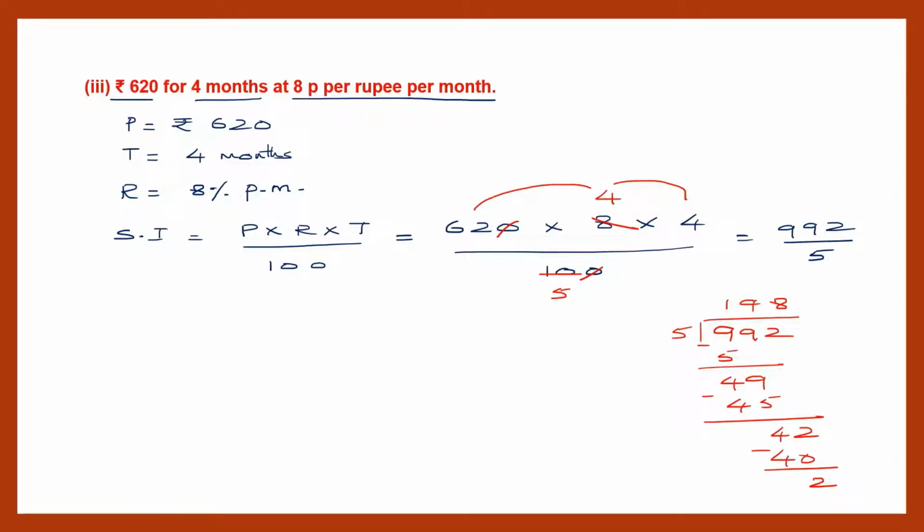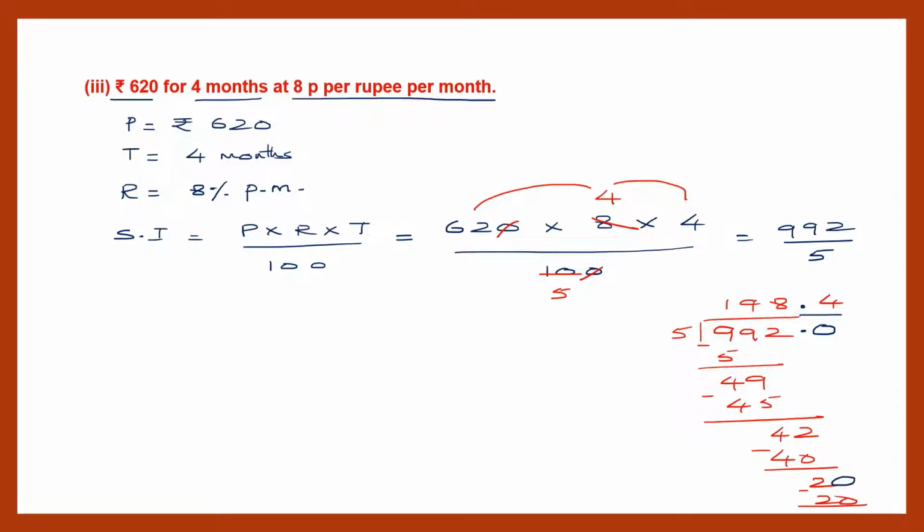Now let's continue the division because we're going to get our answer in rupees and paise, isn't it? So whenever you get your answer in rupees, after the point there should be 2 digits. So let's see if we can get 2 more digits here. So put a point, carry that point on top, bring that 0 down. So we have 20 now. So here 5 into what is 20? 5 fours are 20. So we have finished our division.